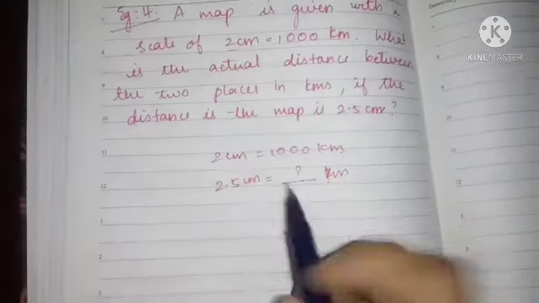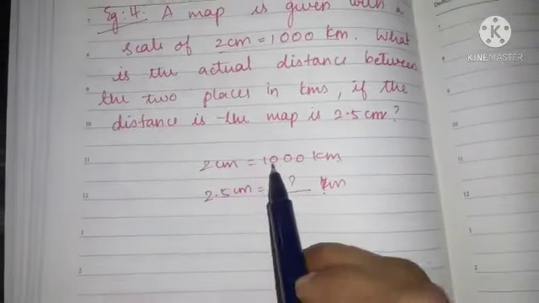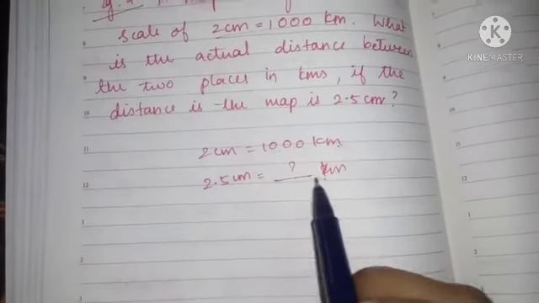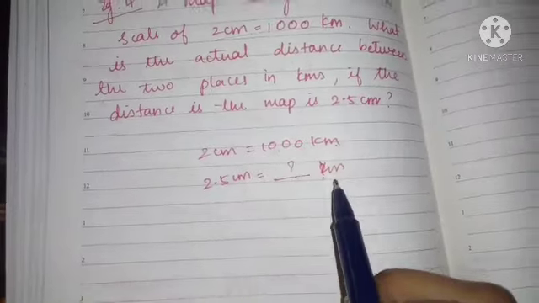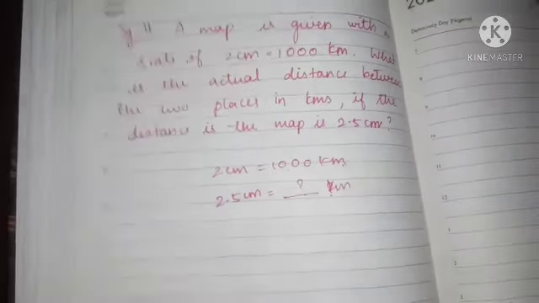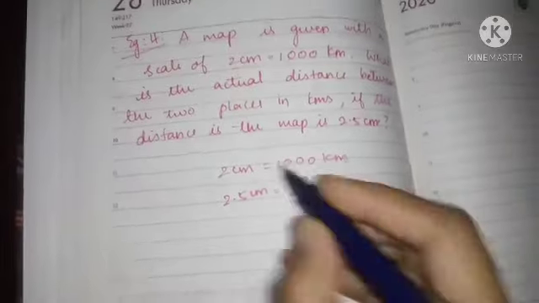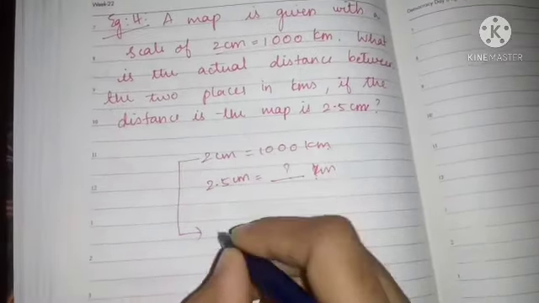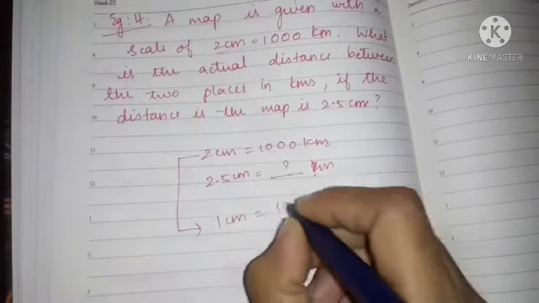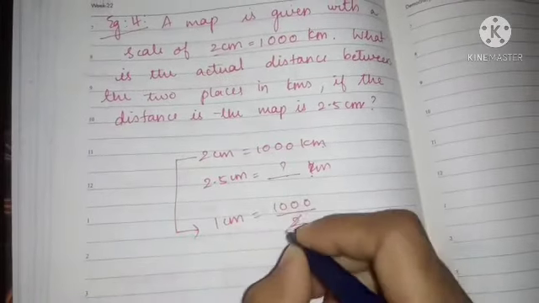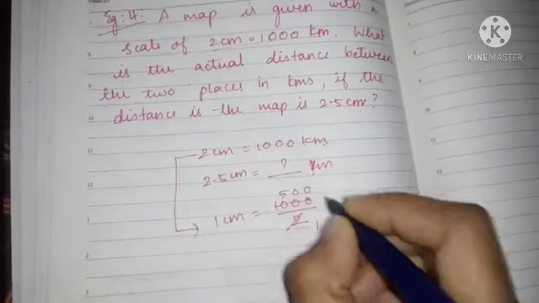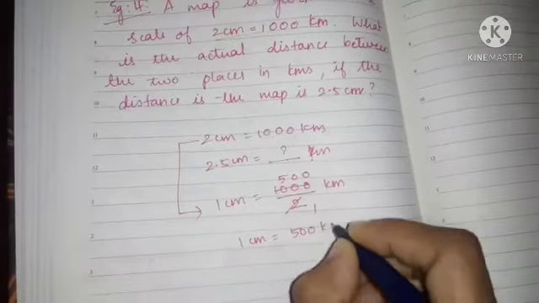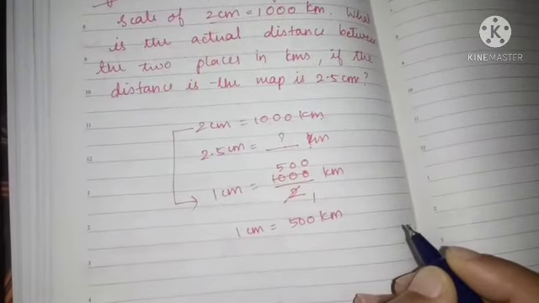So we should find this. 2 centimeters is nothing but 1000 kilometers. So when it is 2.5 centimeters, how many kilometers will come? That is our question. It is very easy, children. For 2 centimeters it is 1000 kilometers, so what will be for 1 centimeter? 1000 divided by 2, 500 kilometers. So 1 centimeter is 500 kilometers.